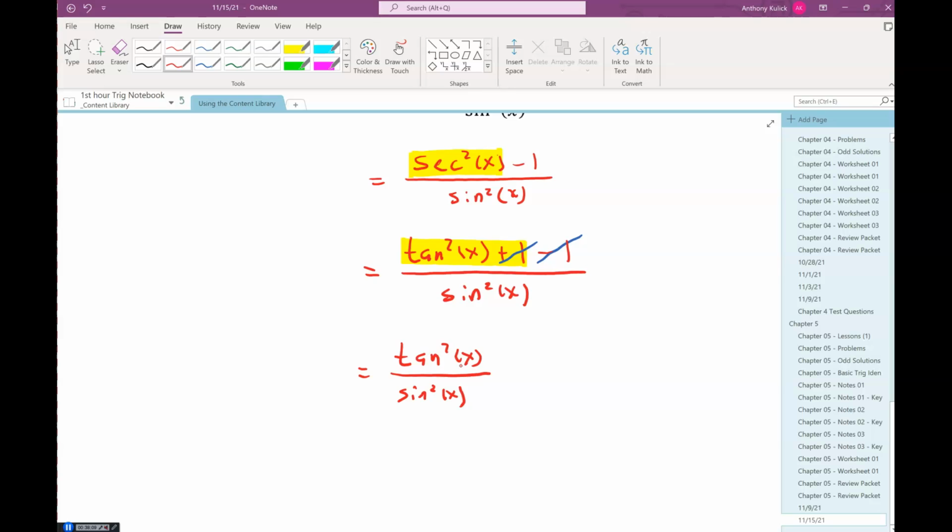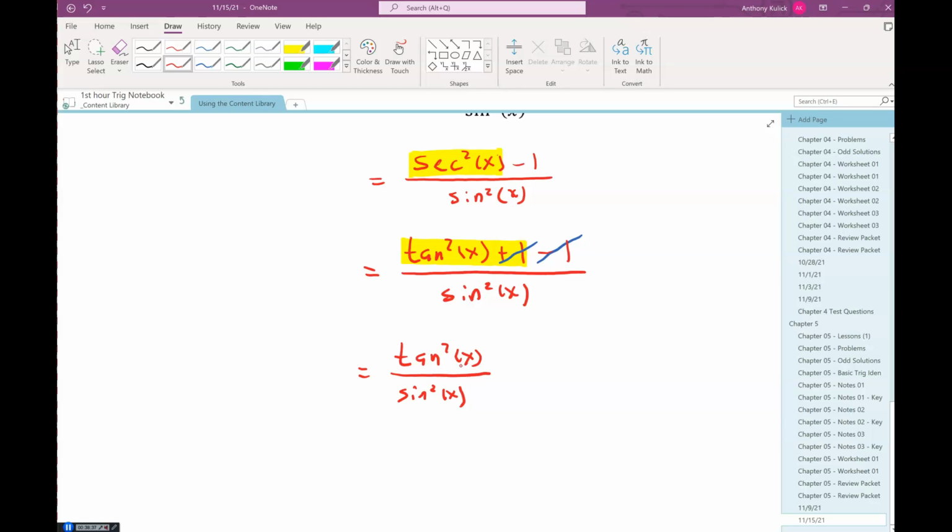Almost surely we can. The reason I know that is because if you look at the quotient identities, you'll see that there's a way to rewrite tangent in terms of sine and cosine. So it's very possible that I can cancel the sines in the denominator with the sines in the tangent.